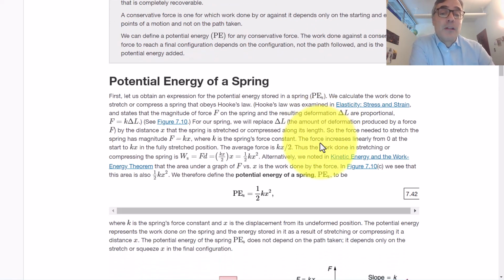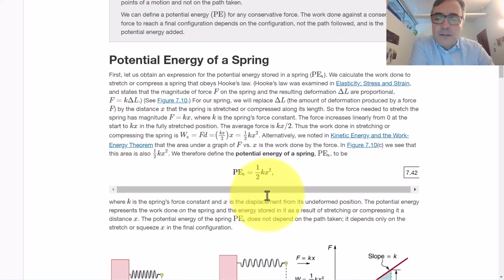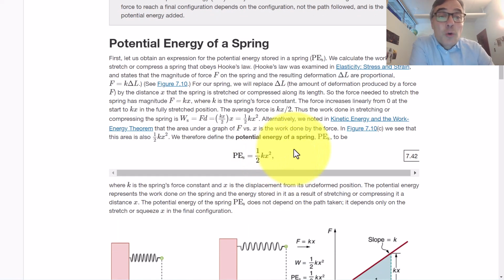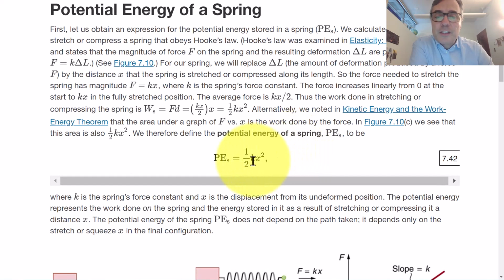Another example of a conservative force is a spring that obeys Hooke's law. So we found that the force is equal to kx, where k is the spring's force constant. If you find the work done by the spring, it turns out you can define potential energy that's stored inside a spring. So this is equation 7.42.